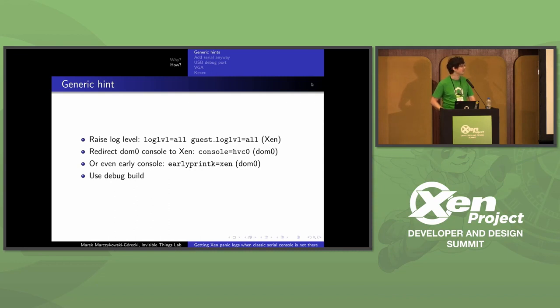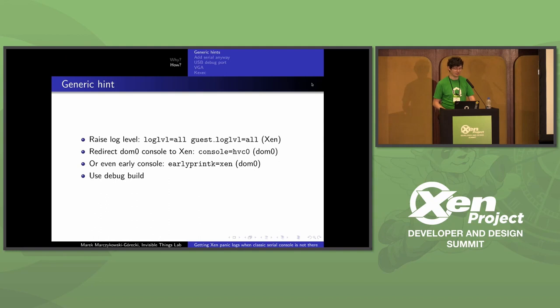So first of all, when debugging, there are some generic hints. Raise all the log levels. There are two options for that, for Xen itself and for guest-related logs. Then, if you are interested in DOM0 logs, you can redirect the DOM0 console to Xen.